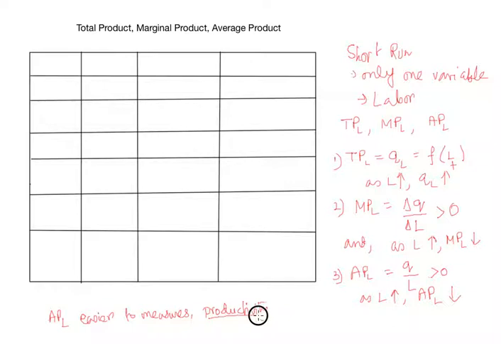So this term productivity is often used in macroeconomics when looking at long-run growth theories of countries. This productivity is basically the average product of labor.